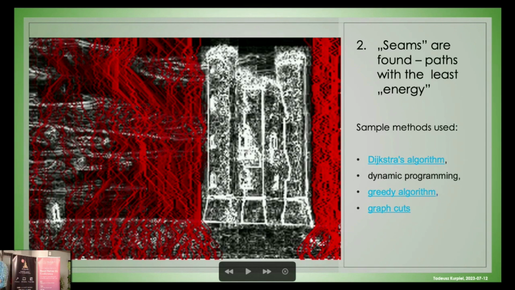They are calculated vertically, but of course horizontal seams can be calculated too. And when we find these seams, we can remove them because they are not important at all. Only the area not included in the seams, the tower here and the person, is left in the picture.